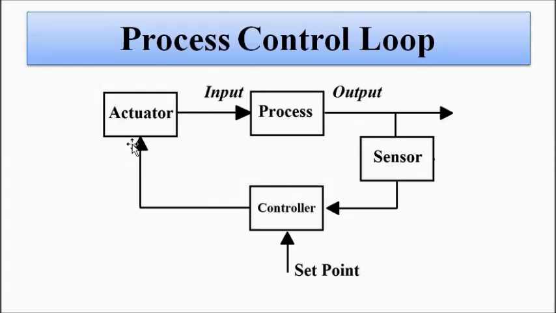Now with the coming of new technologies, new sensors, microcontrollers, different types of actuating mechanisms, the concept of the process control loop came into play. In order to maintain the quality of the product, different industries employ process control systems to ensure that their product always has the same quality every time.